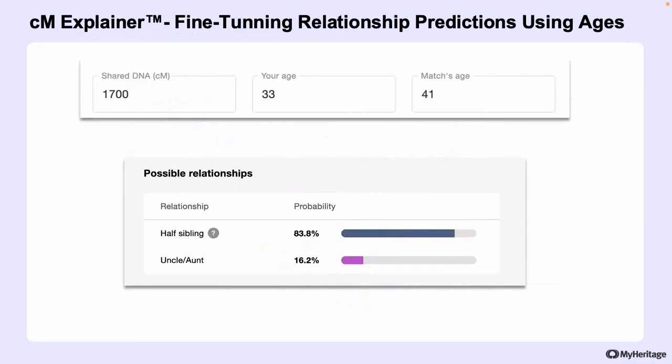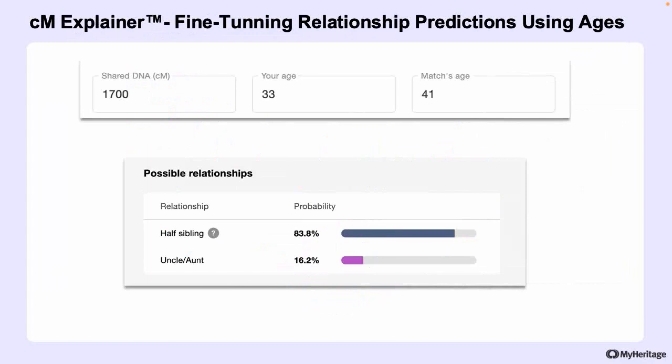For example, here in the CM Explainer, you can see there are 1,700 shared centimorgans. One person's age, my age, is 33. My match's age is 41. In that case, it's most likely that this match will be my half sibling, and you can see the probability.